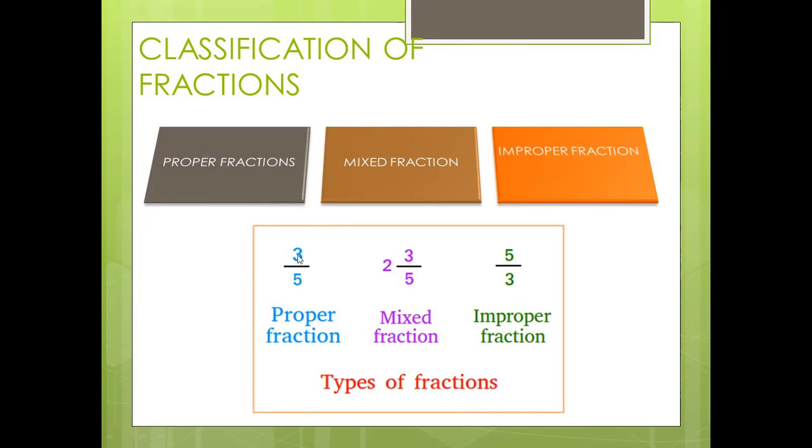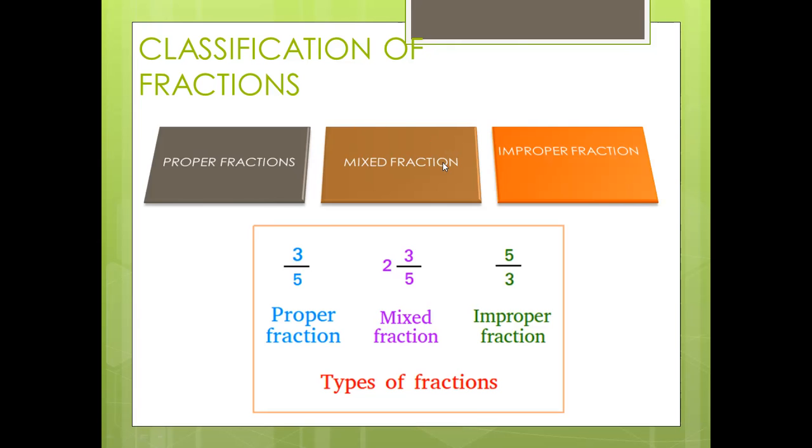So we have here 3 is less than 5. 3 is our numerator, here is our fraction bar, and 5 is our denominator. That's why it is a proper fraction, because the numerator is smaller than the denominator. These fractions specify values of less than 1.